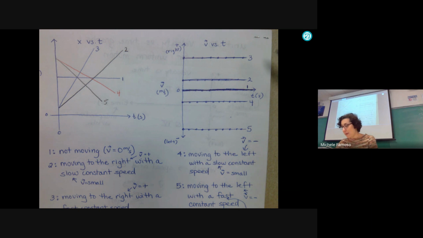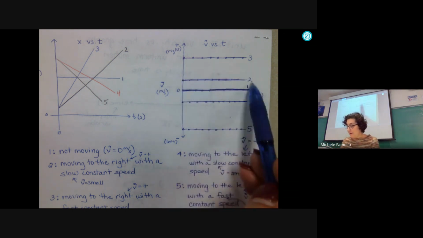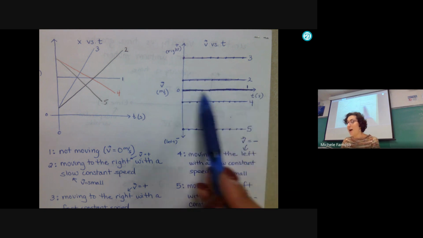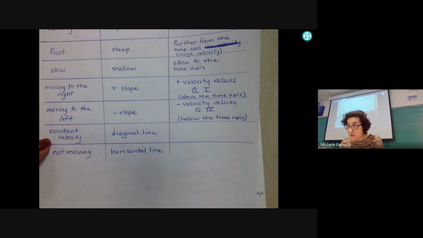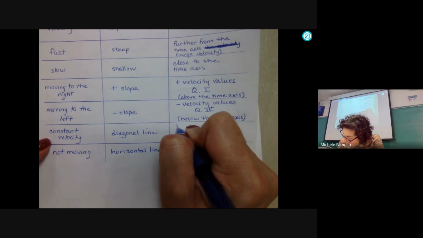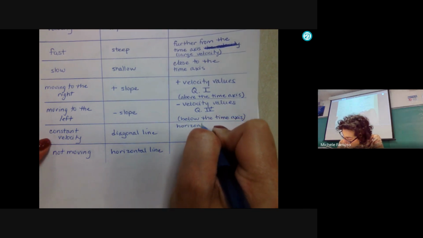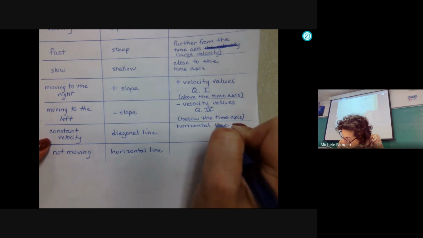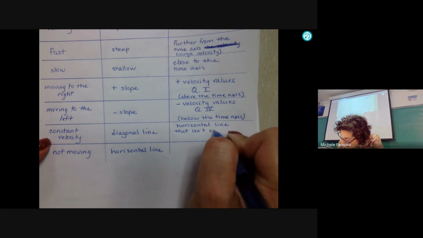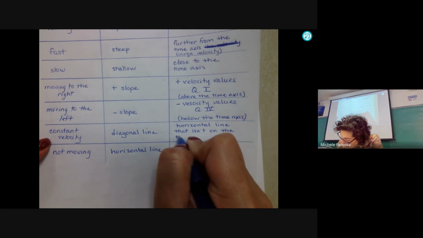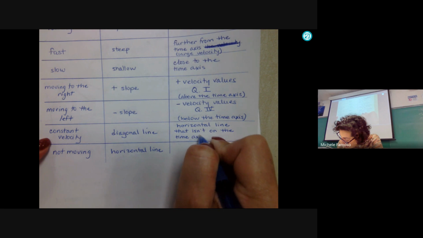So what's the same about 2, 3, 4, and 5? Yeah, they're all horizontal lines that are not on the time axis. So if you're moving with a constant velocity, you have a horizontal line that isn't on the time axis.